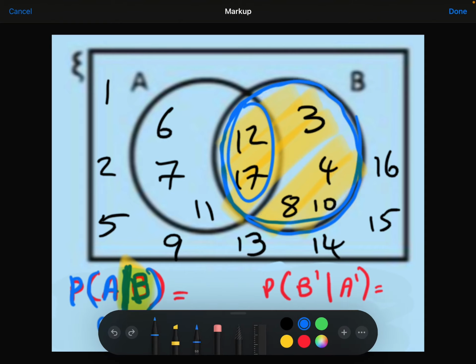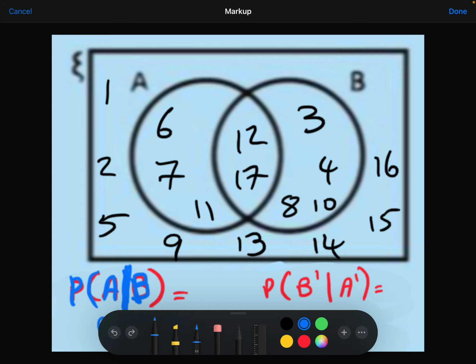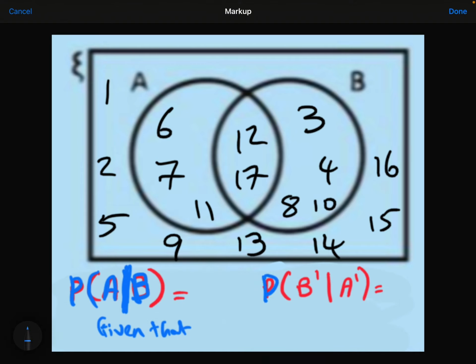Let me just clear my diagram up a little bit. To do the second one, just to repeat what this means, this says, find the probability that the number is not in B given that it is not in A. So it is not in A. We know that for a fact.